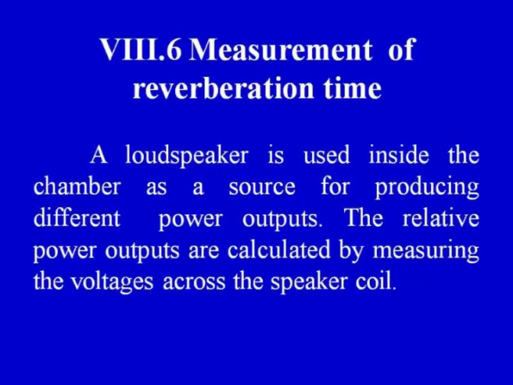Now, let us consider the measurement of reverberation time, and the measurement of absorption coefficients later on. The method works like this. A loudspeaker is used inside the chamber as a source for producing different power outputs. The relative power outputs are calculated by measuring the voltages across the speaker coil.